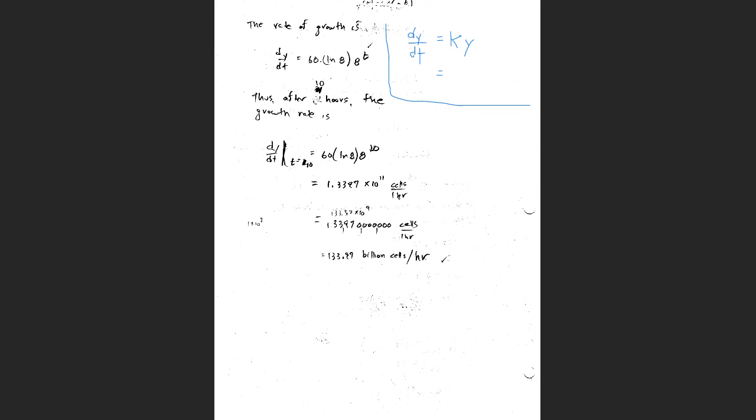And k, we learned, was the log of 8. That was our relative growth rate. And y, we just found what y is. That equals 60 times 8 to the tth power.